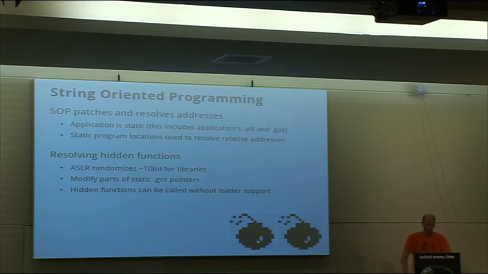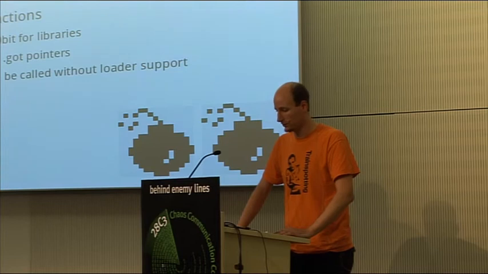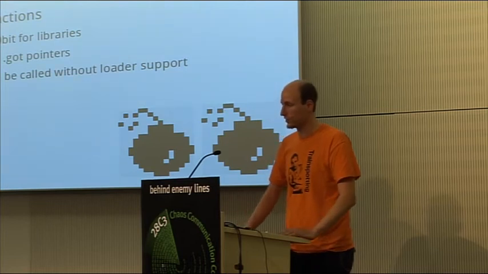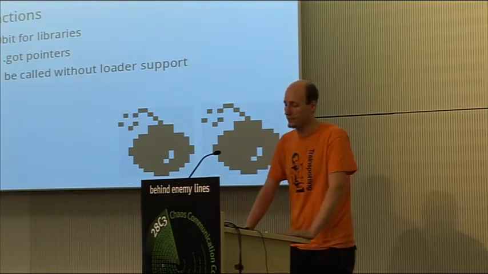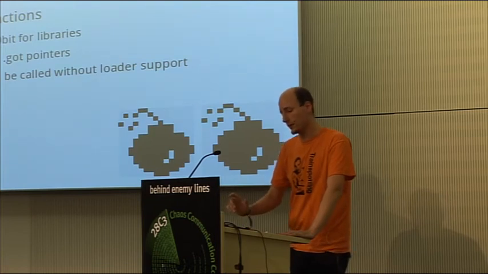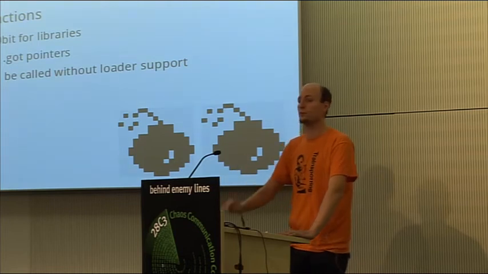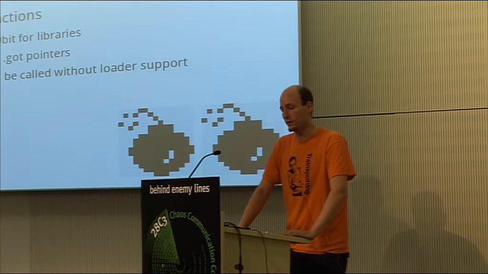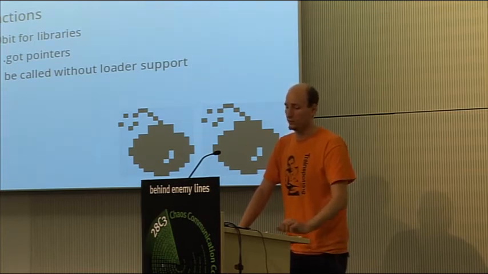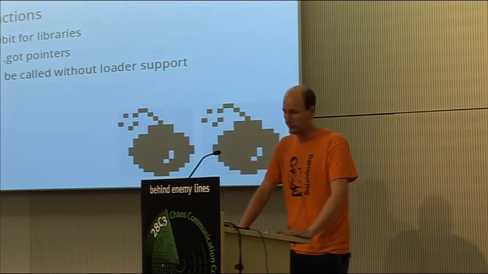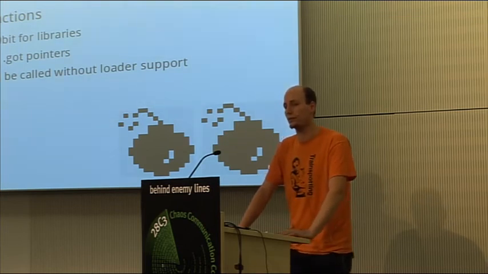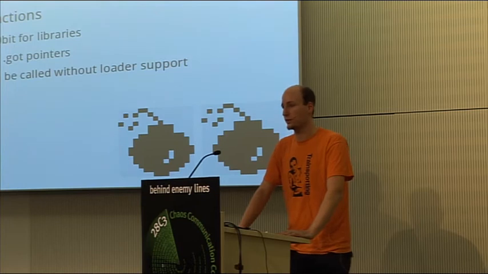If you want to resolve the pointer to a hidden function, the location of a hidden function somewhere in memory, if you want to break ASLR, we take a function that is used from the same library in the application, we read the pointer using a random read, and then we just add the offset between the original imported function and the function that we want to execute to that GOT slot, and therefore can resolve the given entry.